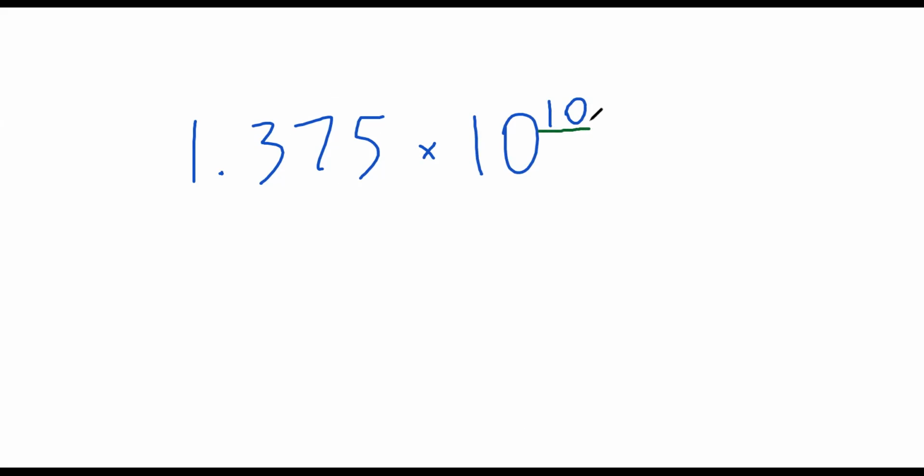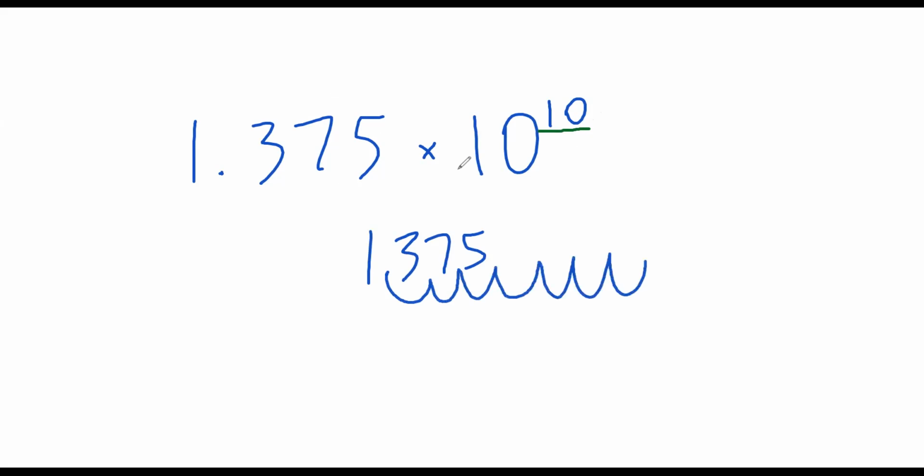So it has a power of 10. It's just a coincidence that it's also a 10. Is 10 positive or negative? Positive. So we're going to take 1.375 and we're going to move the decimal point 1, 2, 3, 4, 5, 6, 7, 8, 9, 10 places to the right.